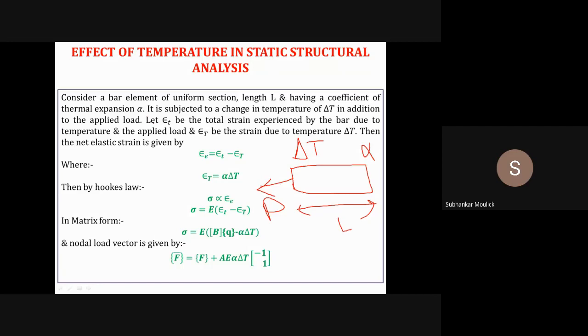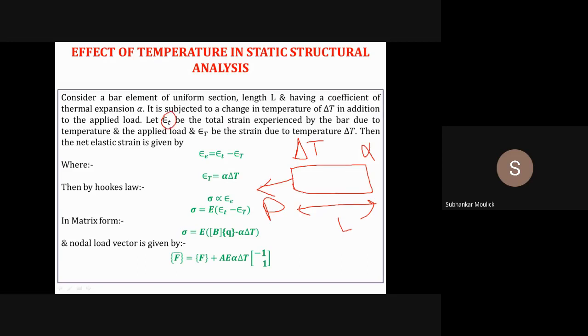If alpha is very high for a particular material, that bar will expand more compared to a bar whose alpha is low. By that sense, the first bar will be subjected to tensile thermal stresses, or the second bar to compressive thermal stresses, and so on.